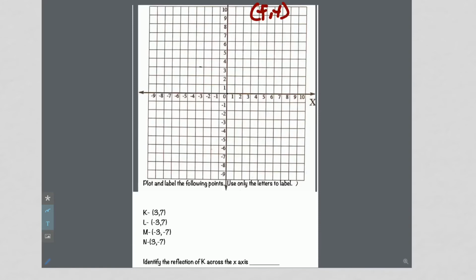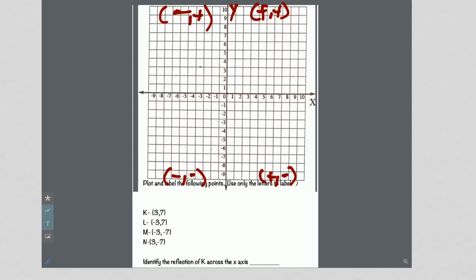I'm going positive, negative, negative, negative, and positive, negative. Okay, so that sets me up for success. I also see the Y's not here, so I'll put a Y there. Okay, so my K is positive 3, positive 7. I look up here, positive, positive. It's going to be somewhere in quadrant 1.